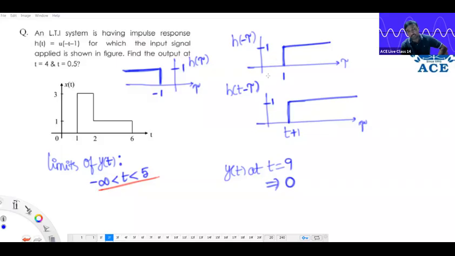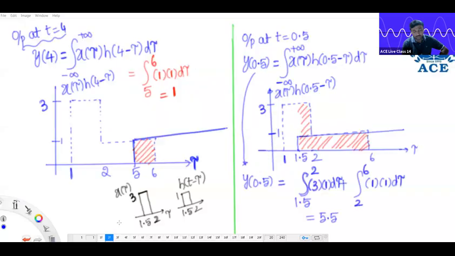What we have done yesterday in the last two examples: from the folded signal to get the shifted signal, simply add the variable t. So in the next slide, at the respective instance, we obtain the output.